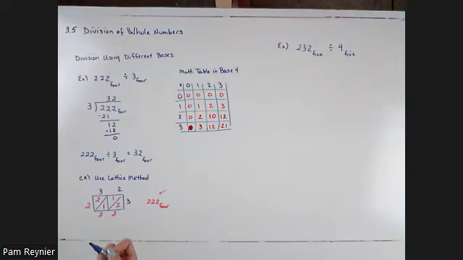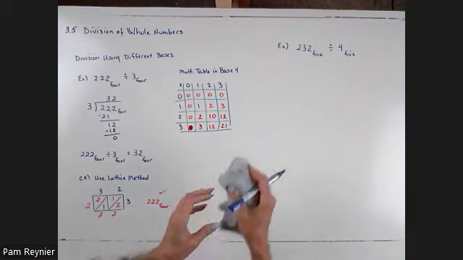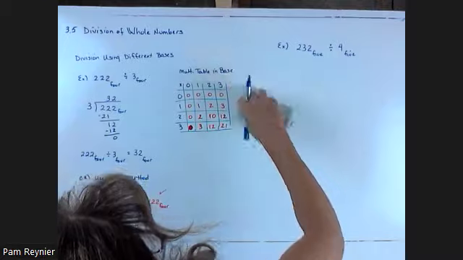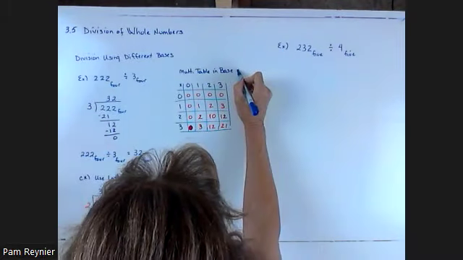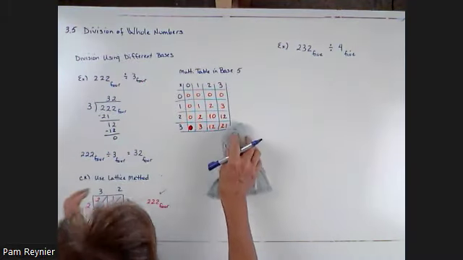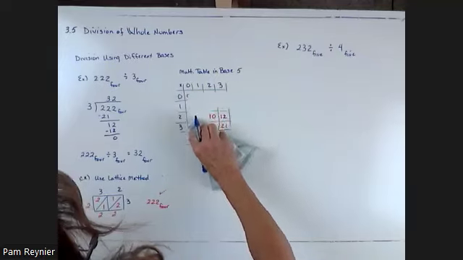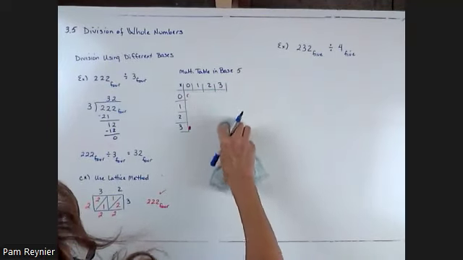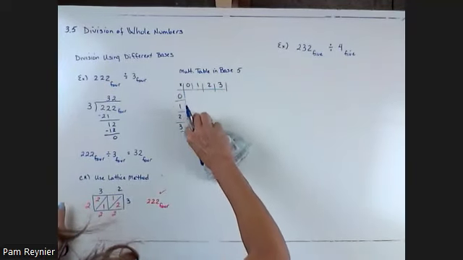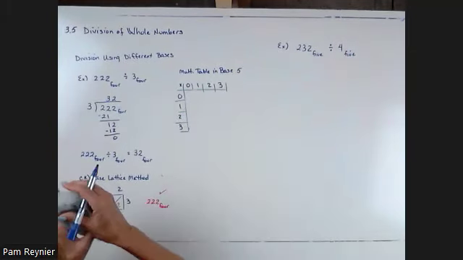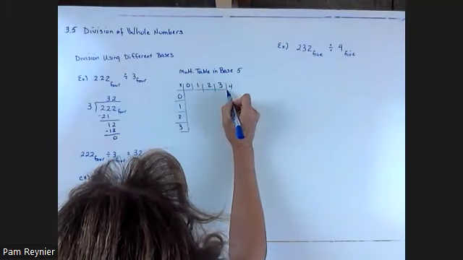Now, we might want to have a chart, so I'm just going to change this. I'm going to use a multiplication chart and go to base 5. Let's create a multiplication chart up to base 5. So since it's base 5, I can go out 1 more to 4.